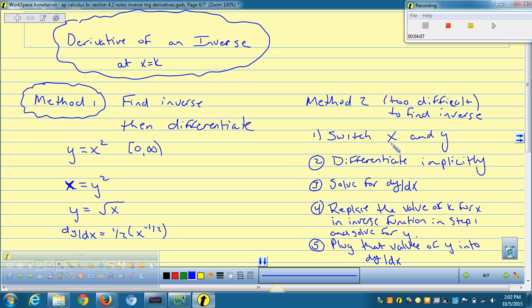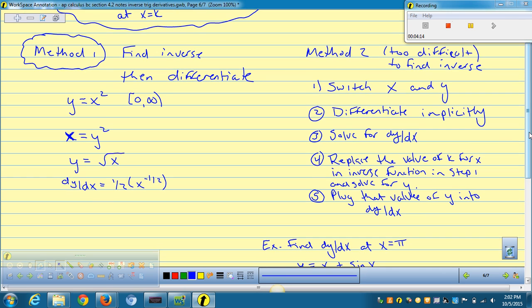Simple enough. Some functions are too difficult to find the inverse of, so we need another method, and that's method 2, where we switch the x and the y like we do to find the inverse. Then we implicitly differentiate, solve for dy/dx, and here is the only little twist.